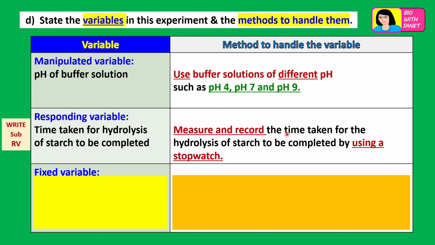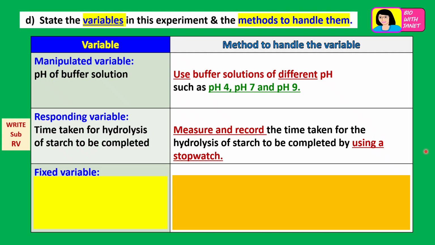Make sure that your RV is written in full. Don't just say measure and record the time taken by using a stopwatch, or you will lose 1 mark there. Measure and record the time taken for the hydrolysis of starch to be completed. The whole RV must be written completely. You also must have the apparatus for the RV.